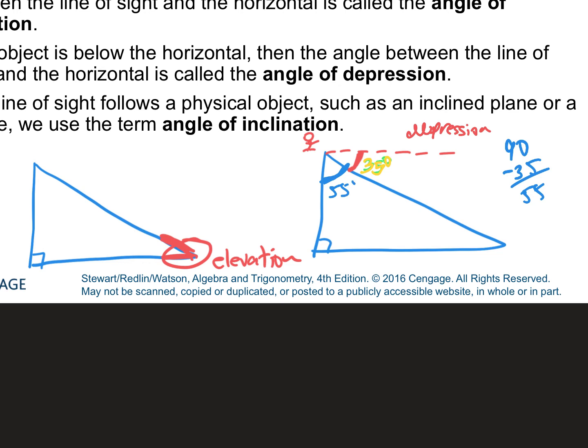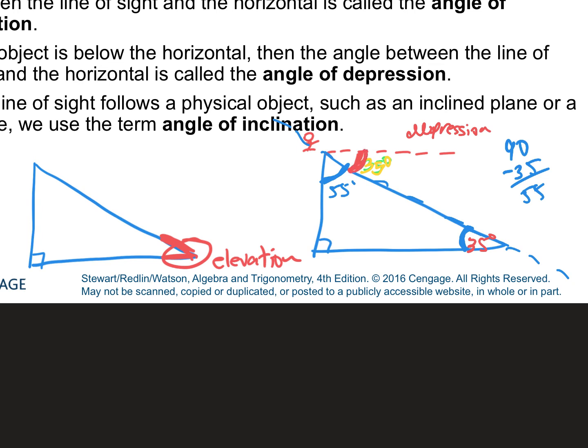Now, if you guys don't like doing the 90 minus and putting that angle up there in that corner, that's fine. If the angle of depression is 35 degrees, does anybody remember anything from geometry? When two parallel lines are cut by a transversal, their alternate interior angles are what? They're not inverse. They're not opposite. They're the same. So if they give you an angle of depression from the top, my angle of depression is formed up here.